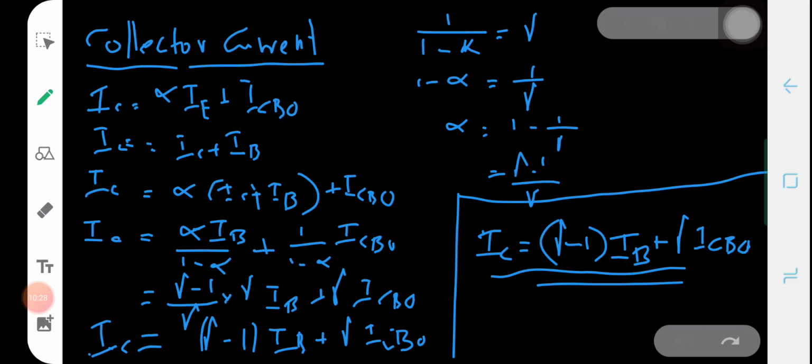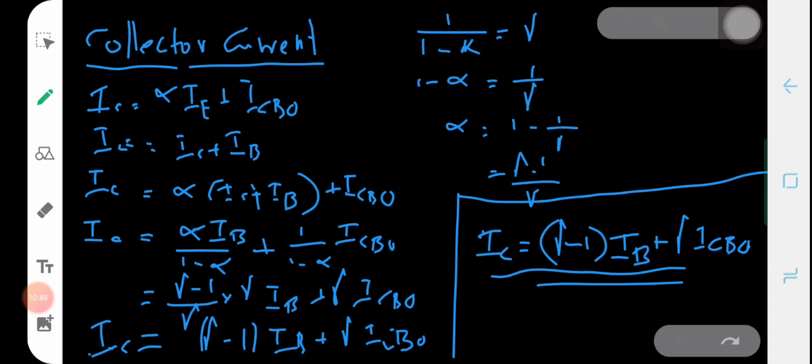So the applications where we can use the common collector circuit are the circuits which need impedance matching.